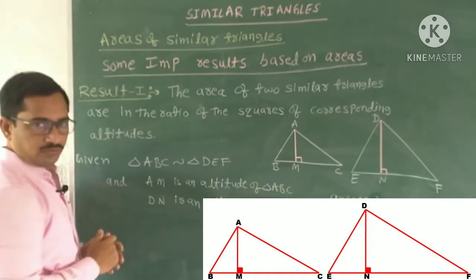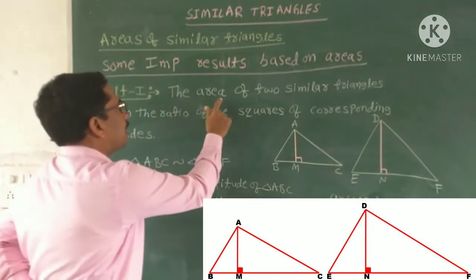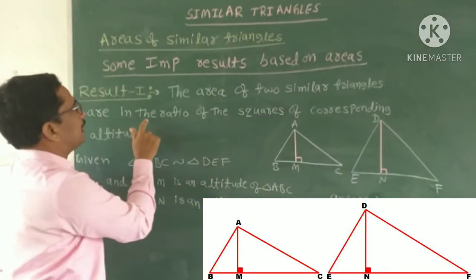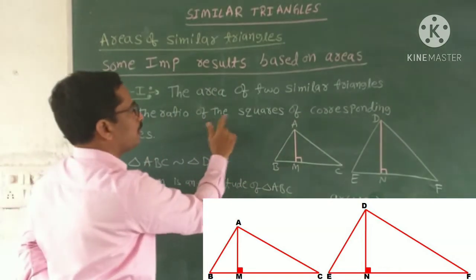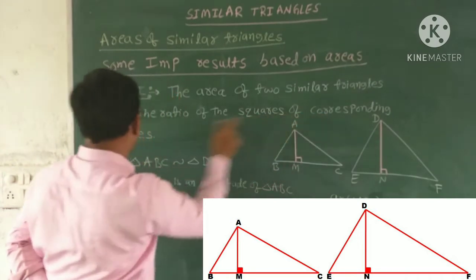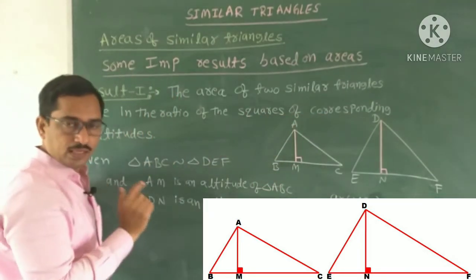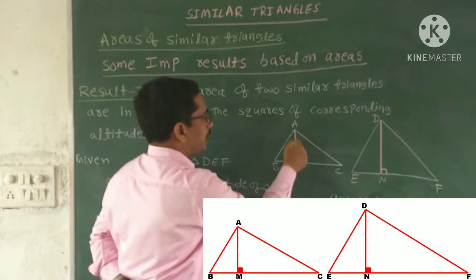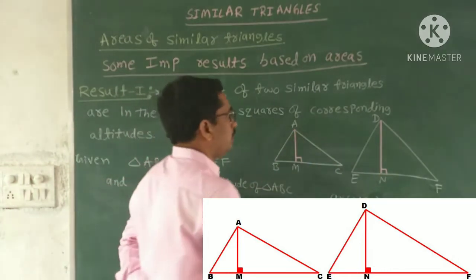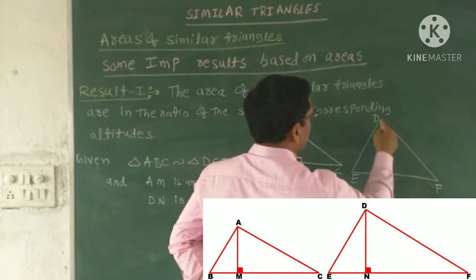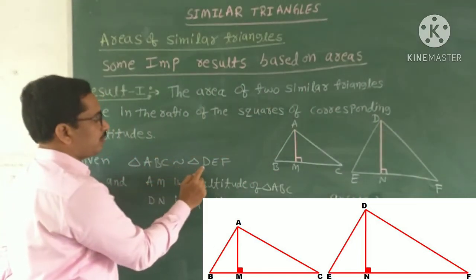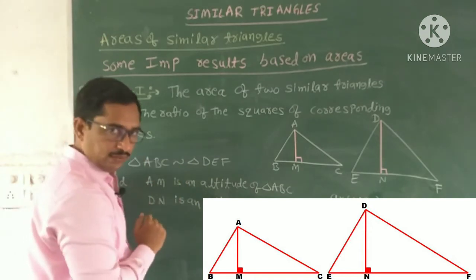The first result: the areas of two similar triangles are in the ratio of the squares of the corresponding altitudes. Say in triangle ABC, AM is an altitude, and in triangle DEF, DN is an altitude, and triangle ABC is similar to triangle DEF.